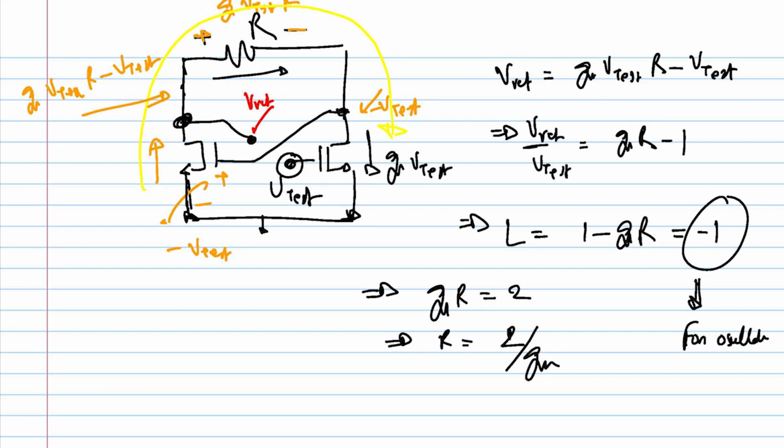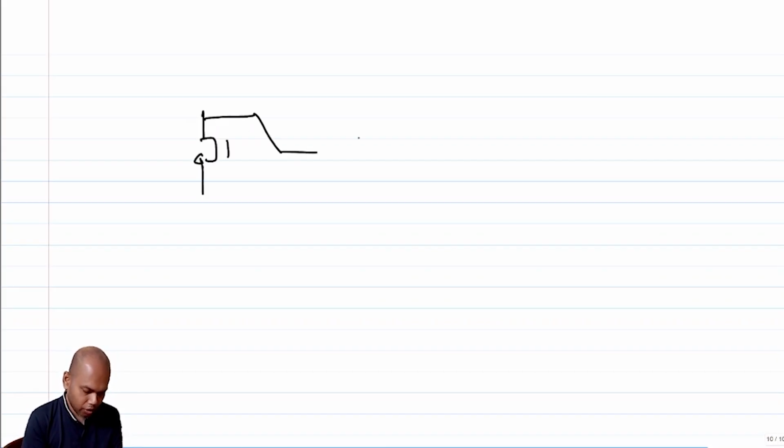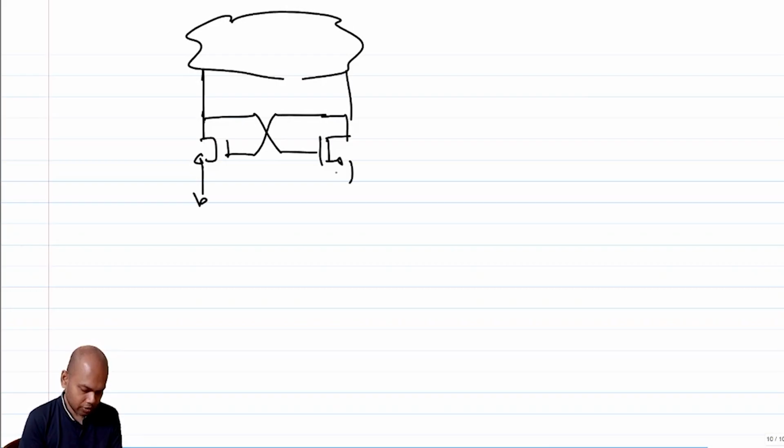So now you might wonder that we have kind of neglected all the second order effects, right? For example, we have neglected the channel length modulation. What happens if I do not neglect the channel length modulation? So I have the tank here. I'm not sketching the tank now. If I do not neglect the channel length modulation, then I am going to have a GDS here, right?